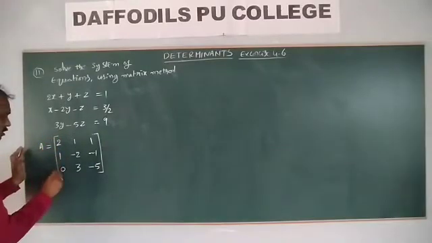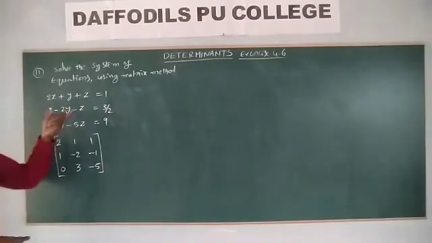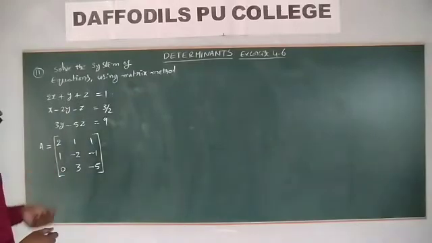This is the coefficient matrix A. Non-homogeneous linear equations are given.